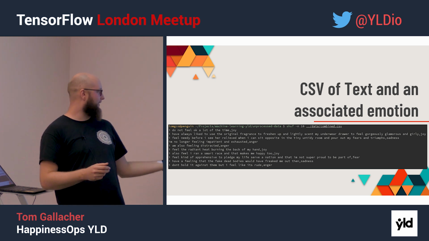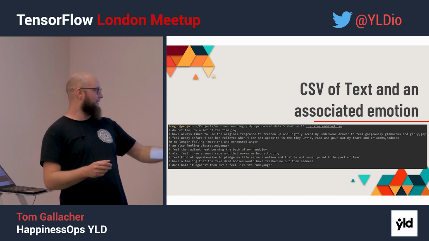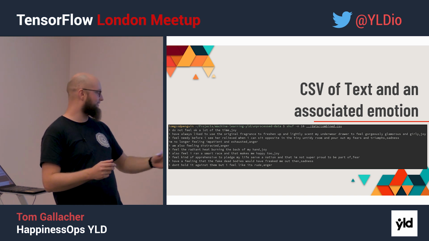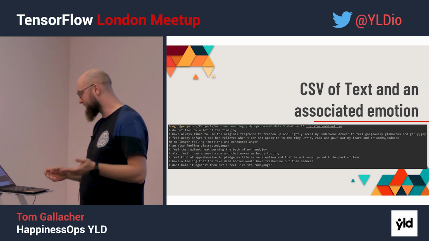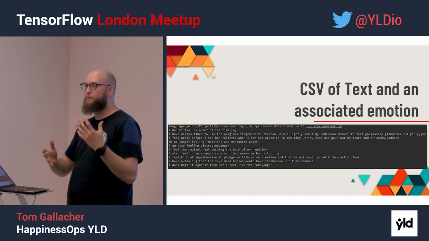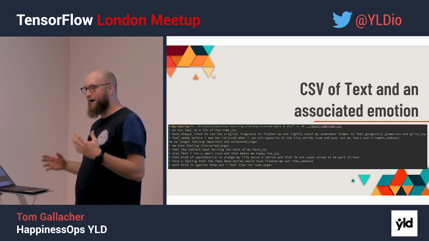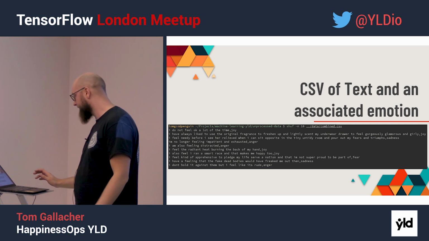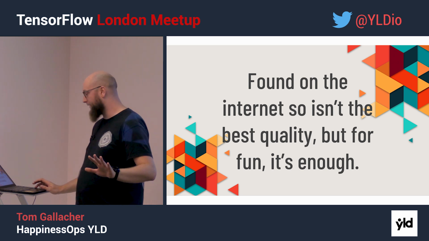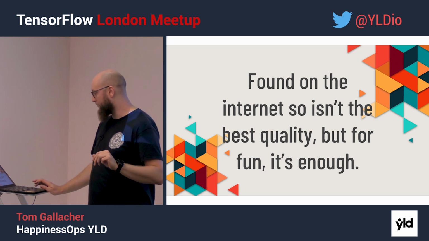This is a random sample from there. Some of it makes sense, other of it is just garbage, but it provides a decent enough baseline that I can play around with and feel happy that I'm able to do something that I like. So it's not the best quality, but it's enough to start building my models on.